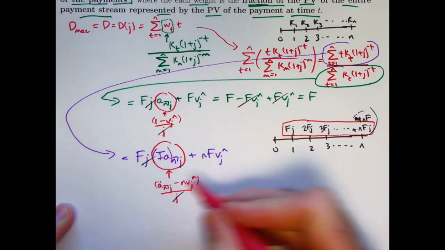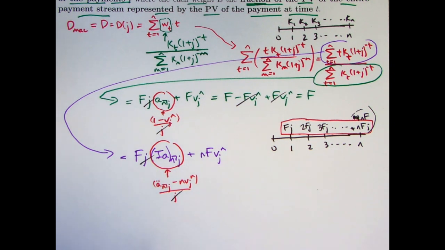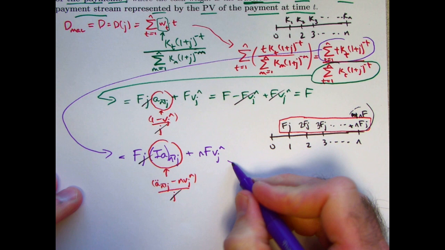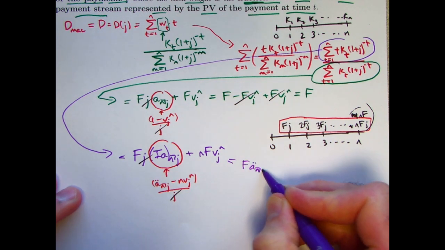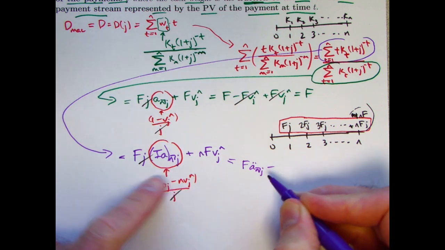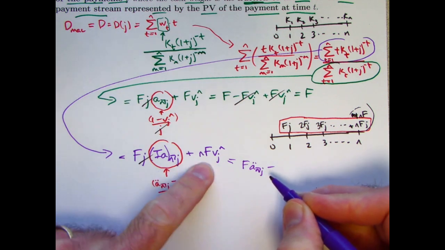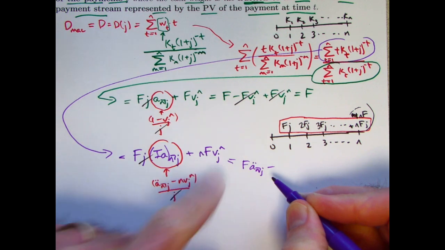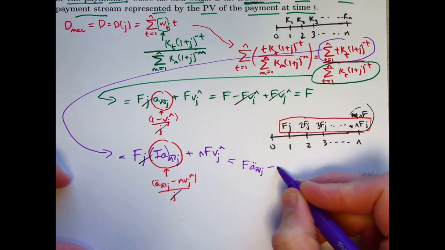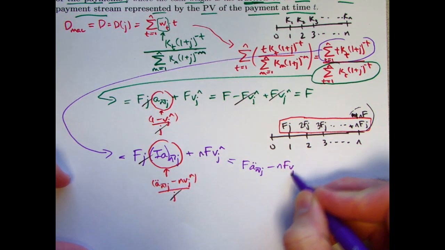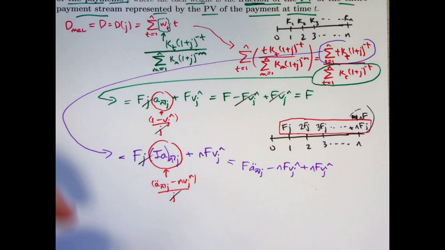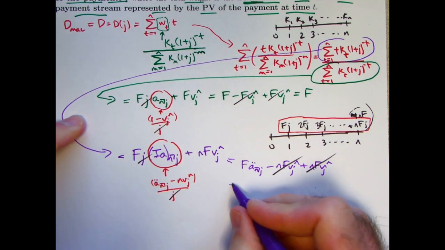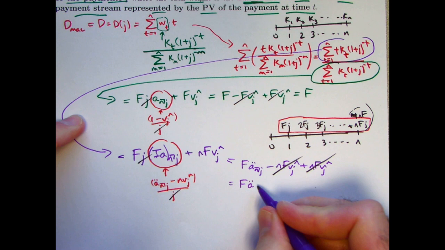Conceptually, you want to multiply the f through. So you're going to get f a double dot angle n at j minus n times f times vj to the n, which is going to cancel with that plus n times f times vj to the n. And there we have it. This all simplifies to f a double dot.